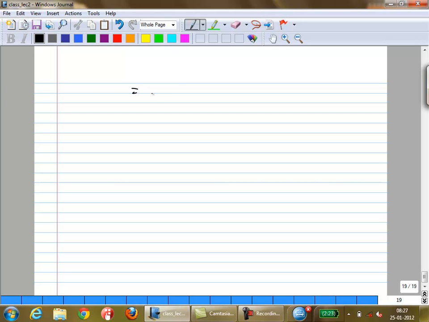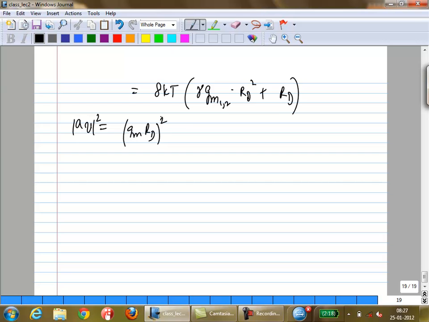What is this? Okay. So now you can find out the input referred noise. What is the gain? It's GM squared RD squared. Simple diff pair.